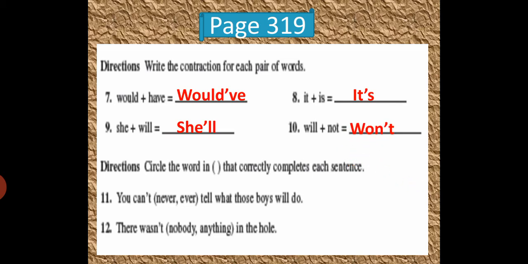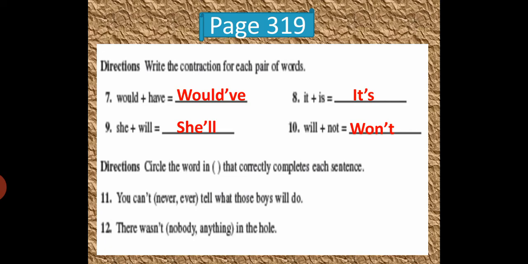Directions. Second exercise. Circle the word in parentheses that correctly completes each sentence. Number 11. As we agreed before, guys, we cannot put two negative words in the sentence. I need only one negative word. Number 11. You can't ever tell what those boys will do.